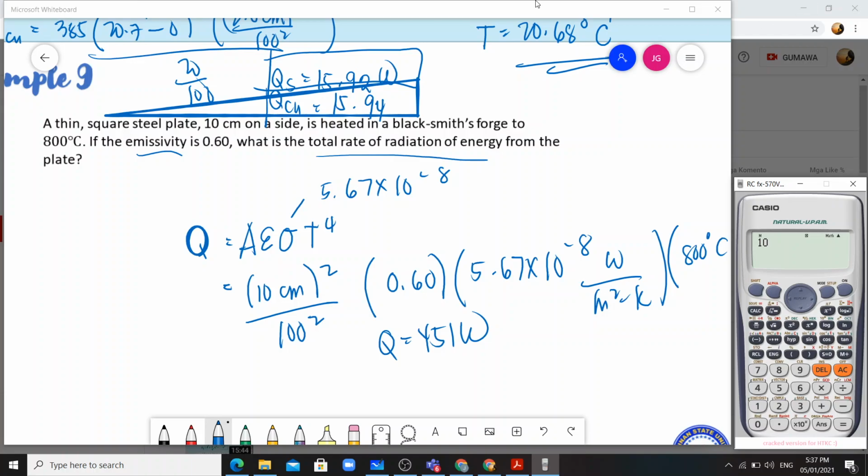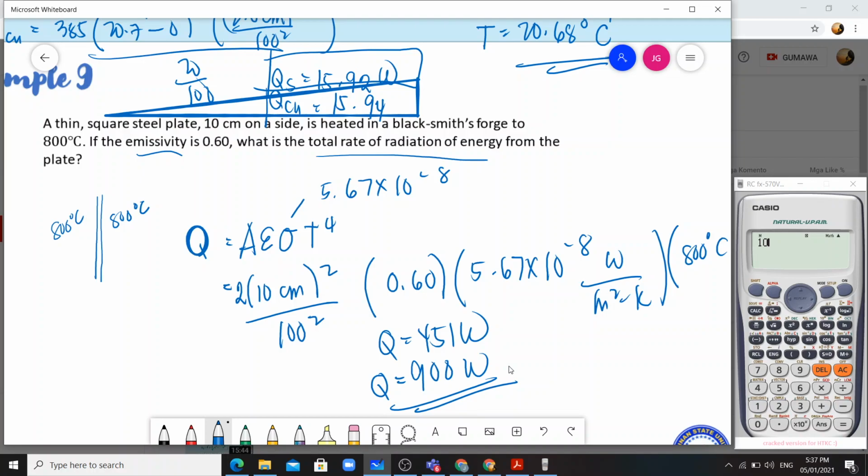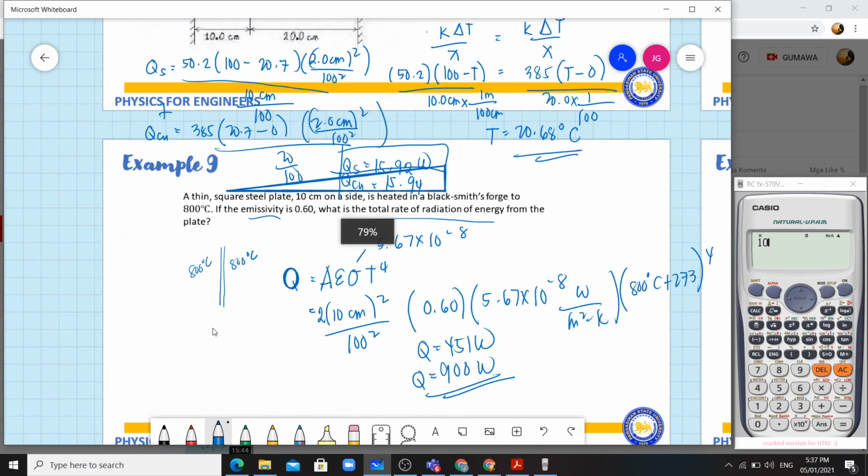Okay. So, kasi magkabilang side pala siya. Magkabilang side. Hinit siya sa 800 degrees Celsius. Parehas. Kaya dalawa. So, ita-times lang natin to ng 2 yung area, kaya magiging times 2 rin ito. Magiging 900 watts. Okay. So, nagets nyo?